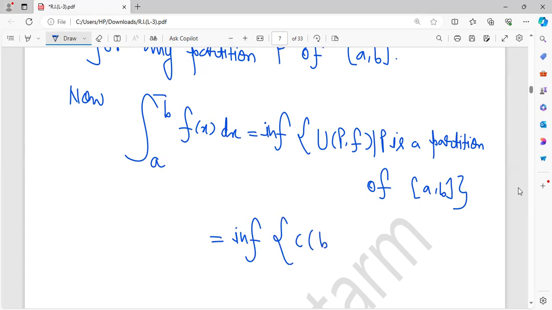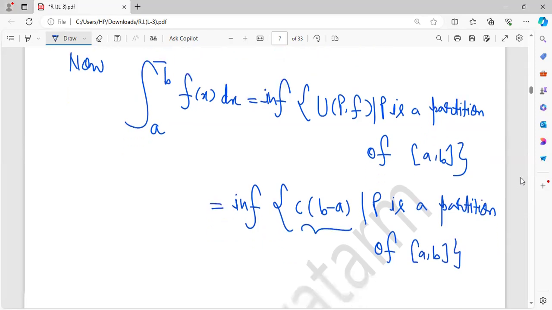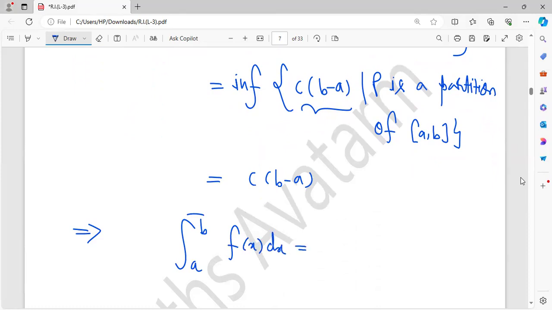This is c times (b minus a) for any partition P. You see that this value is fixed. You take any partition, this value is fixed. So the infimum will remain this, because this is a constant value for any partition. So the upper integral is equal to c(b minus a).